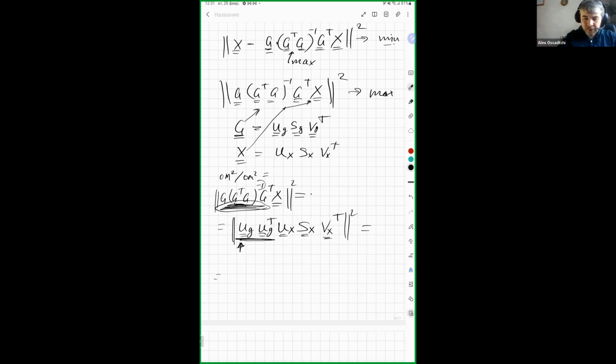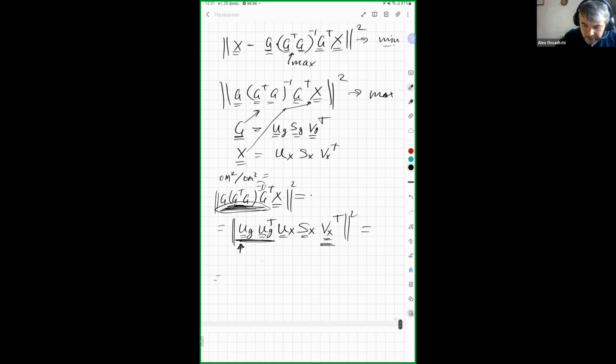And you can ignore UG because the columns of UG are normalized. The same thing about Vx, because Vx is a set of orthogonal vectors of unit length. Therefore, this guy can be rewritten as UG transpose UX SX, squared, and you want to minimize this, right?